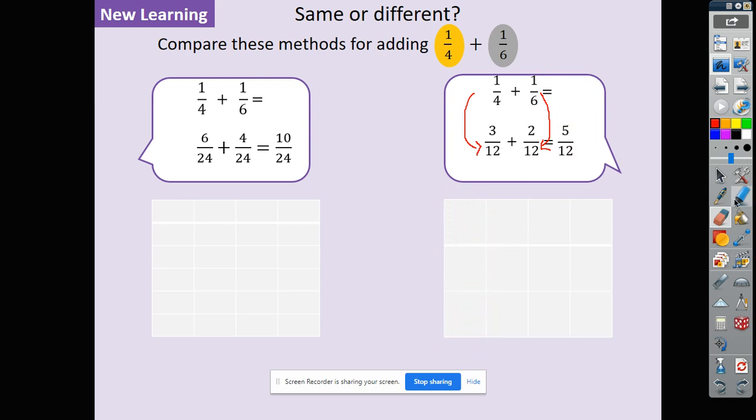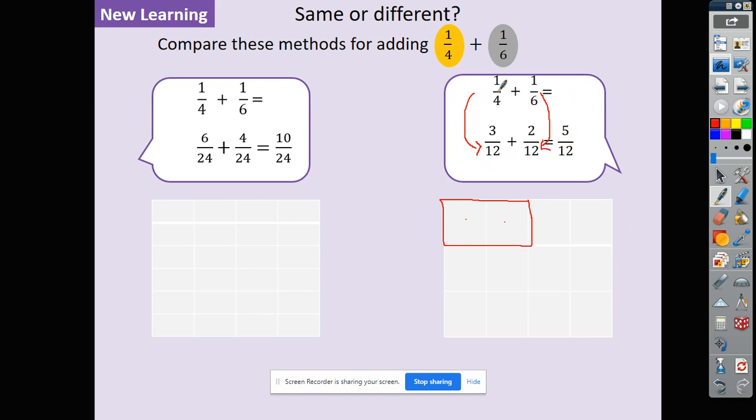Now if we look at the 6, so how would I split this shape into 6 parts? Well, I know that I could go, that's 1, 2, 3, 4, 5, 6 parts, okay? So each part would be equivalent to 2/12. So we've rewritten them both up here. Once we've got them the same denominator, we know that we can add them.